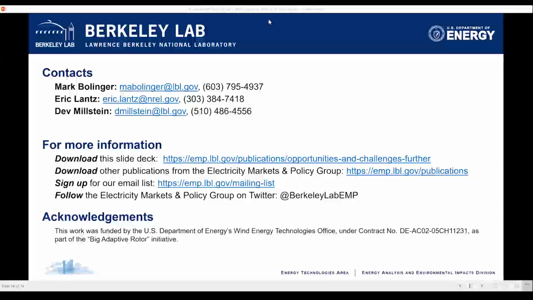Okay, we had really two questions that touch on this. We're looking at wind in isolation here, but obviously there's solar coming onto the grid as well.